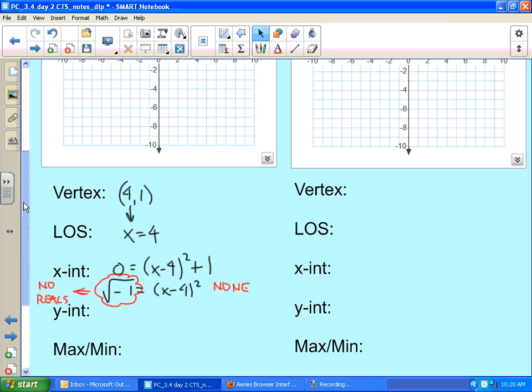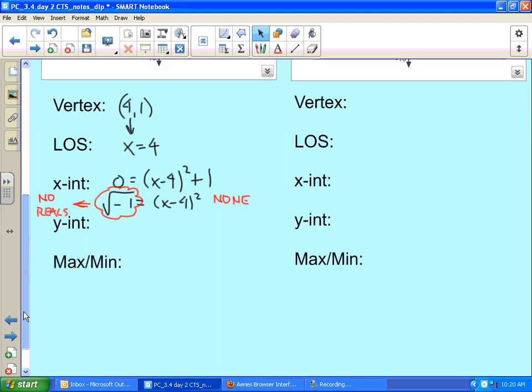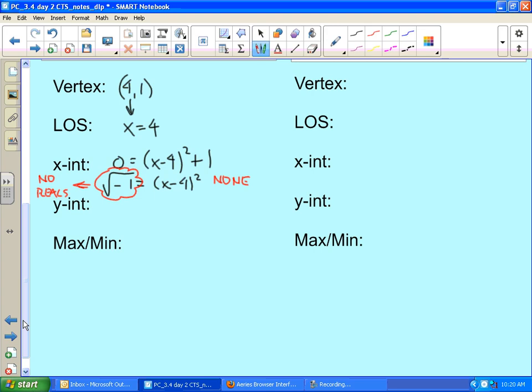And then what about the y-intercept? Well, we could keep going, right? We can't see it on our graph. But I could keep going graphically, but why not just solve it? And how you solve it for a y-intercept is you set x equal to 0. So now you have (0 minus 4) squared plus 1. And that's equal to 16 plus 1, which is equal to 17.